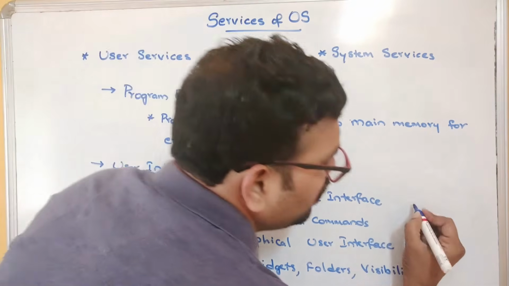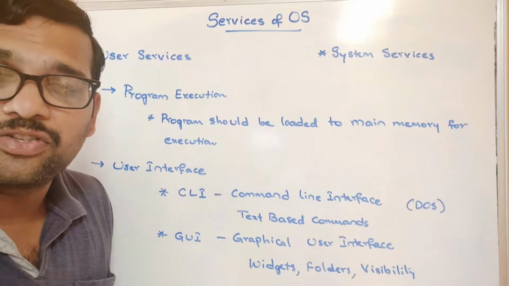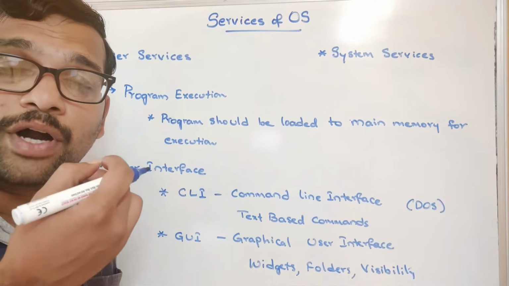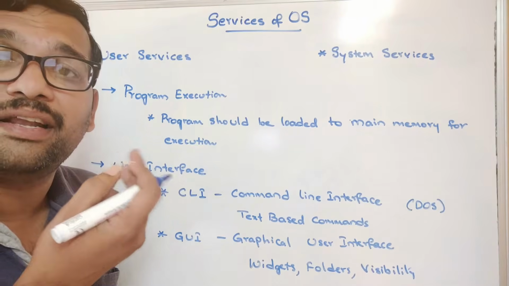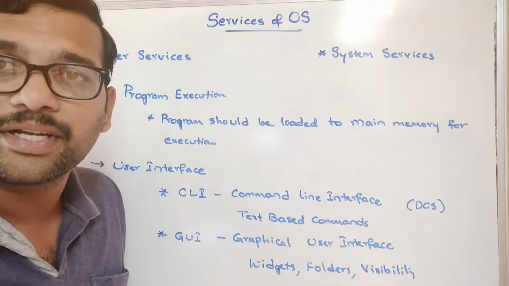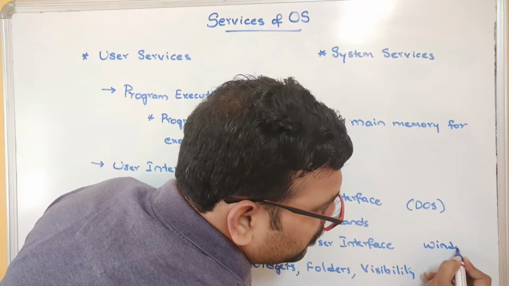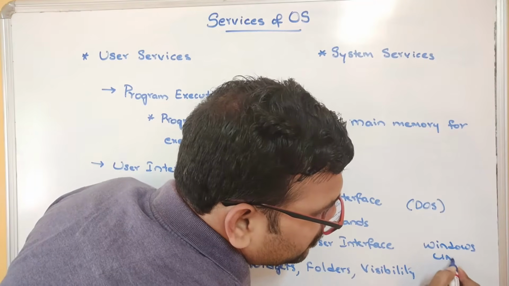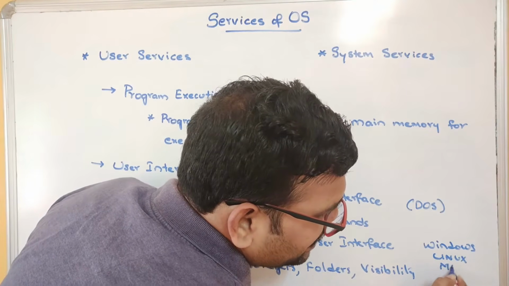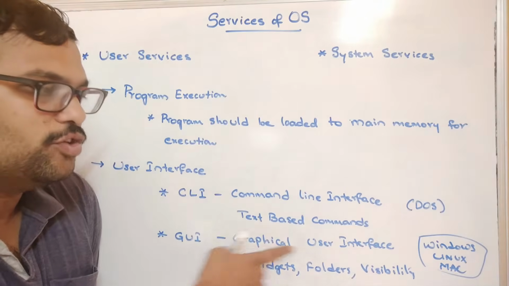For example, we can go with the DOS operating system, which is a command line. For everything, even if you want to create a file or a folder, we have to use these text-based commands in this particular operating system. And for graphical user interface, we can go with Windows, Linux, Mac; all these come under this graphical user interface.